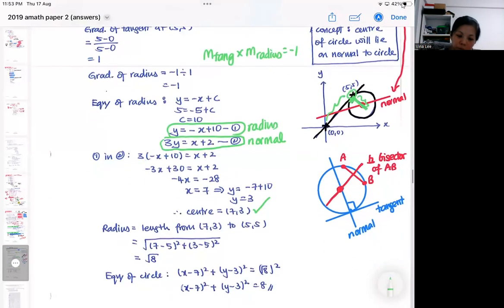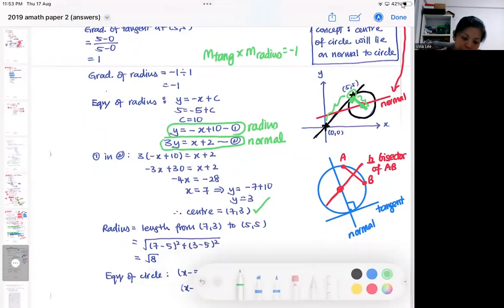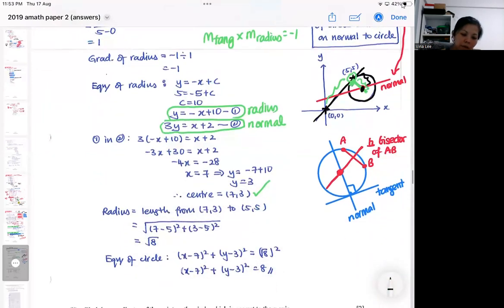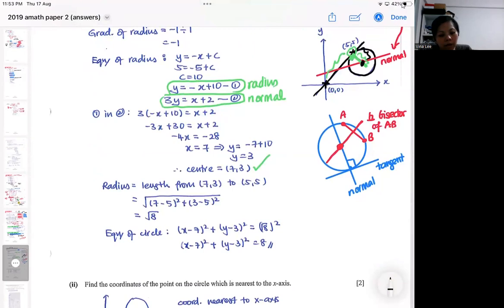You can just calculate the radius using the length formula. I apply the length formula, and there will be a √8. And that's how I get the equation of the circle.